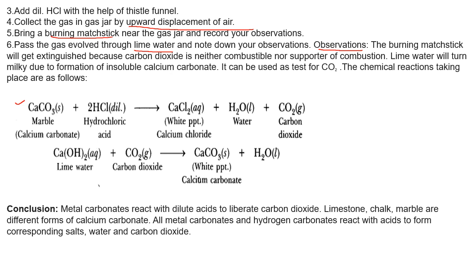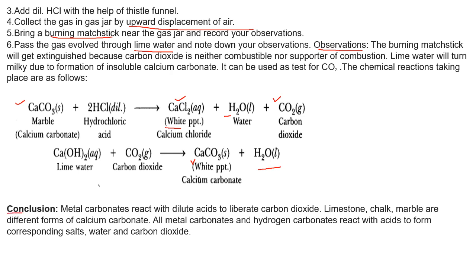When they react, calcium chloride is formed, that is a white precipitate, water, and carbon dioxide gas is released, and you have to balance the equation finally. Then lime water, that is slaked lime, when carbon dioxide is passed through it, calcium carbonate will be formed. Because of the calcium carbonate, you are getting that milky appearance. Okay, and water is also formed.